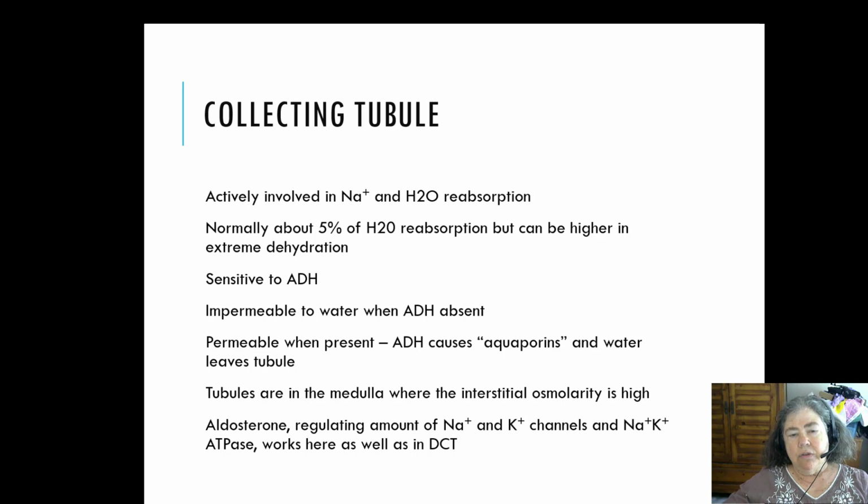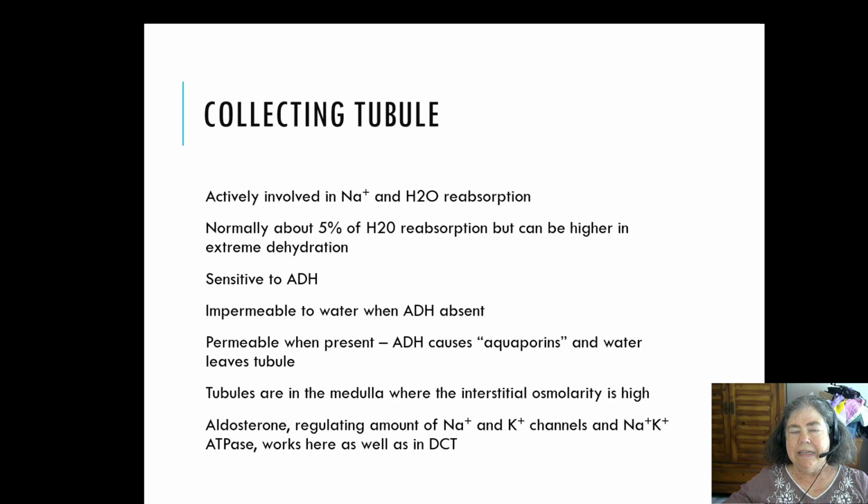And the interstitial osmolality is high in the medulla because that's where the loop of Henle is doing its countercurrent multiplication. So the presence or absence of ADH affects the reabsorption of water, and this is water in isolation from sodium, through water moving by osmosis through aquaporins out of the tubule into the interstitium in the presence of antidiuretic hormone.